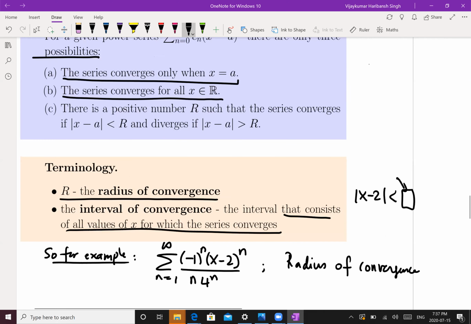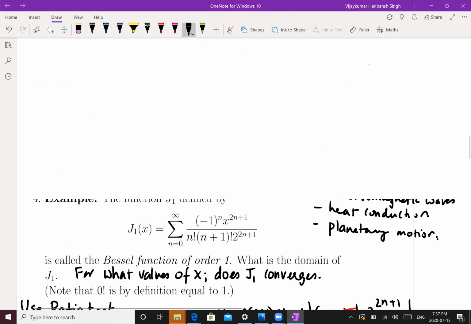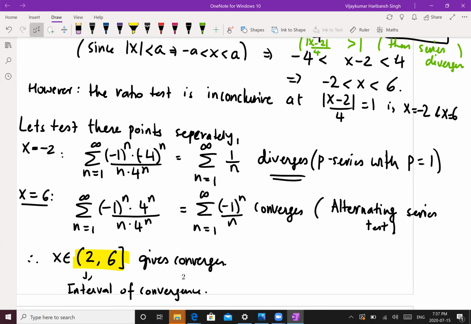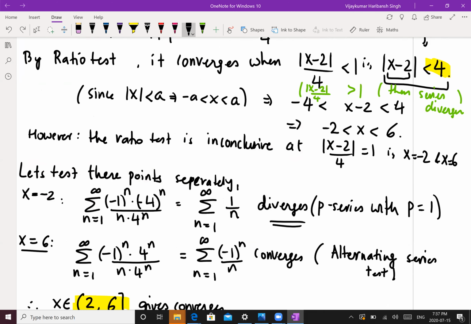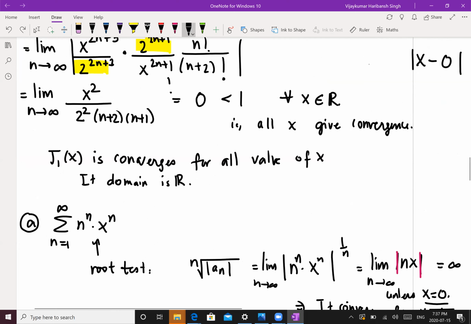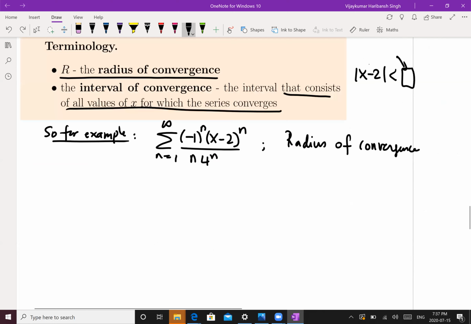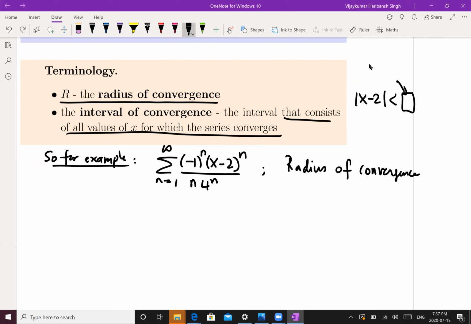If you go here, you will see that was equal to 4, right? So here the radius of convergence, which is r, is 4.